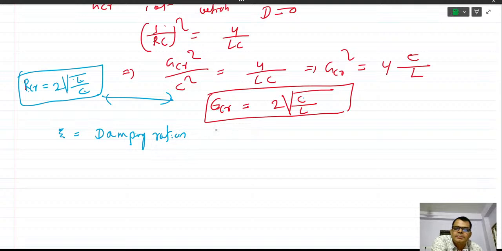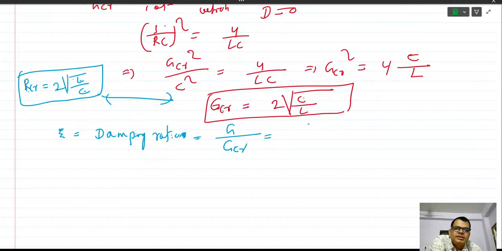Damping factor will be damping ratio, which is equal to actual G upon G critical, right? Actual G upon G critical is by definition. Okay, G critical.